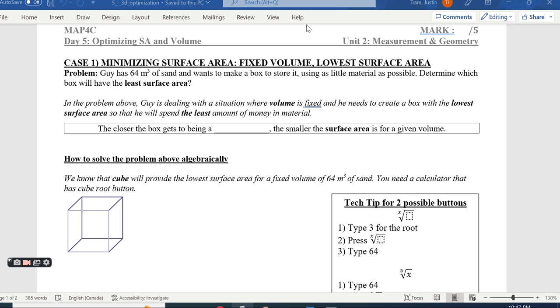An example of this could be, for example, we want to bottle a 710 milliliter amount of Coke, right? So the volume is fixed, but we want to use the lowest possible amount of material to bottle this Coke.